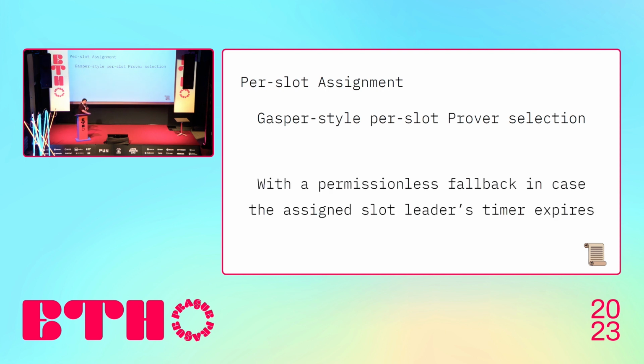And the only difference here is that we need a timer with a permissionless fallback, the same as with the sequencer. And the reason for that is because in Gasper, if you miss the slot, nothing really changes. The only thing that changes is the fact that your chain grows slowly.